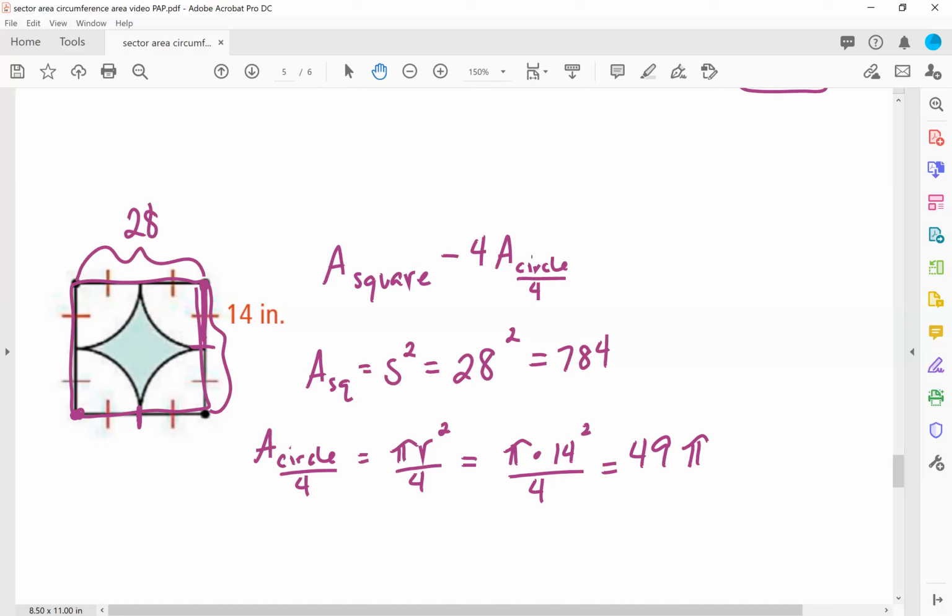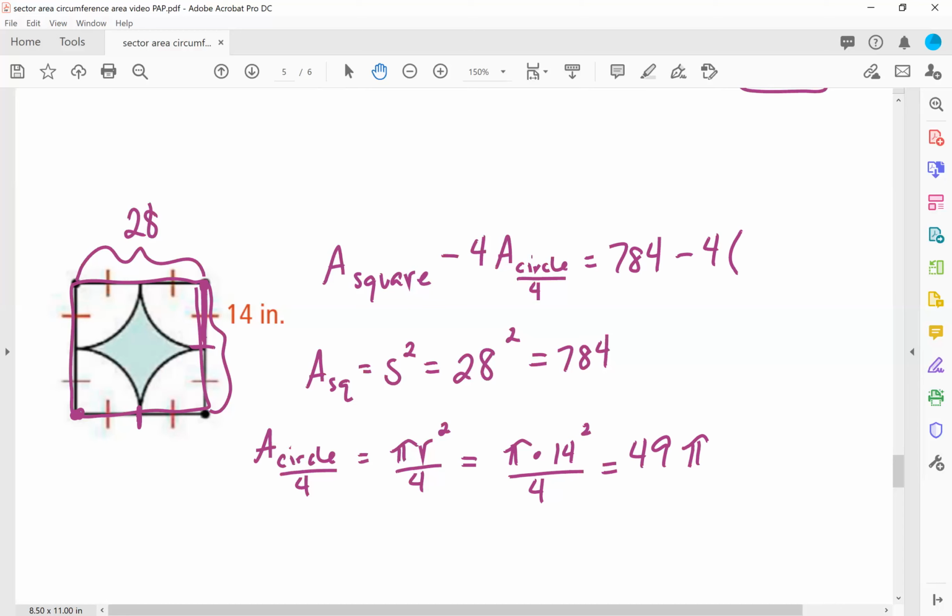I didn't put pi in the calculator, okay? Because again, it will depend upon whether your problem is asking for the exact area or for a rounded area. So you have the area of the square and the area of the quarter circle. So now we just go here. Area of the square is 784. And then I need to get rid of the 4 quarter circles.